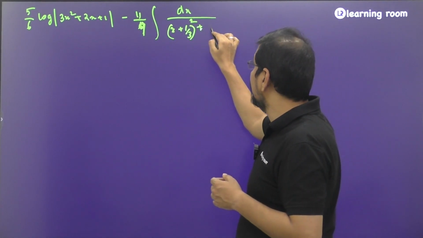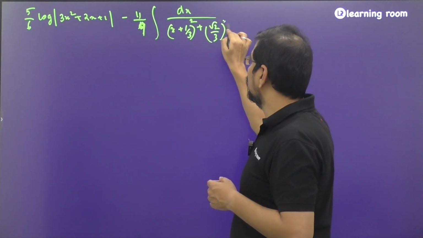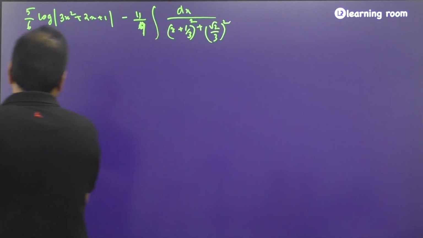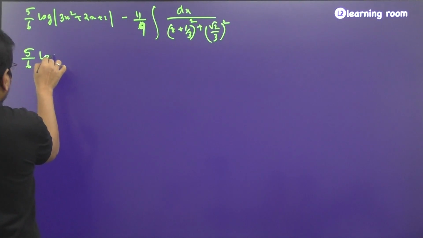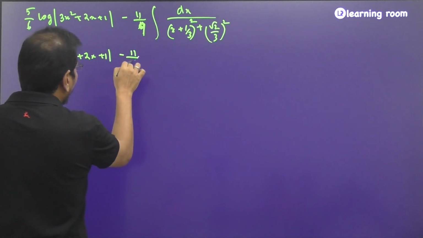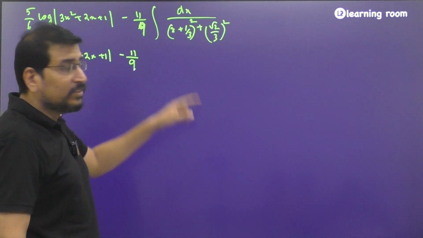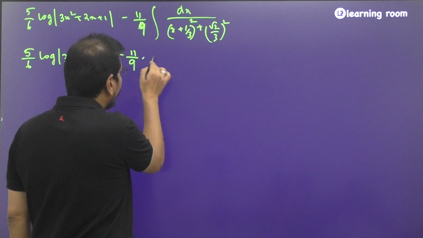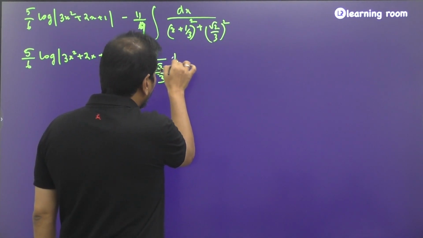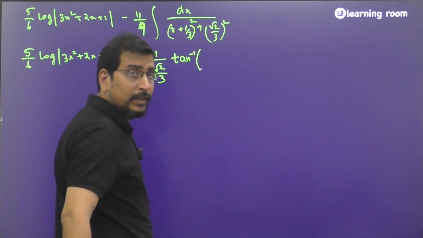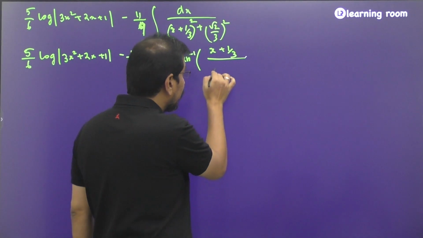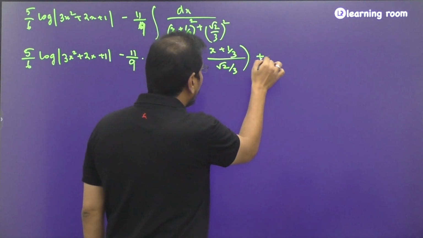Instead of 2 by 9, I can write it as root 2 by 3 the whole square. Right? So the answer will be 5 by 6 of log of mod of 3x square plus 2x plus 1 minus 11 by 9 into 1 by x square plus a square, which is actually 1 by a, 1 divided by a is going to be root 2 by 3 into tan inverse of x by a. So x is x plus 1 by 3, a is root 2 by 3, plus c.